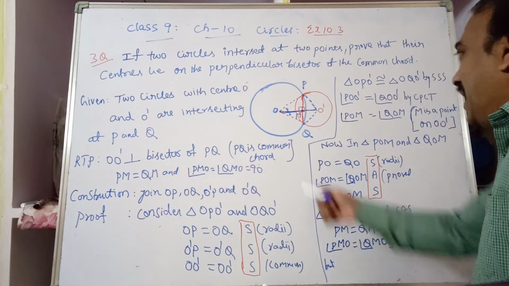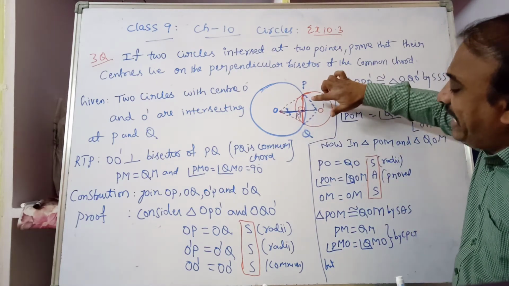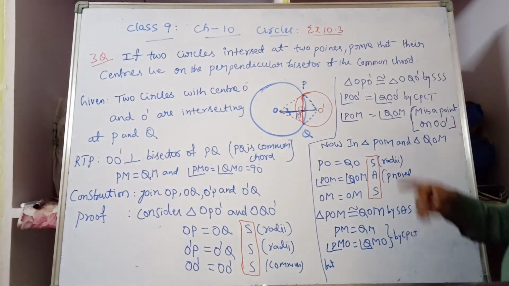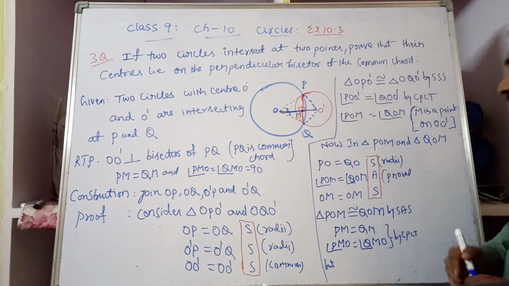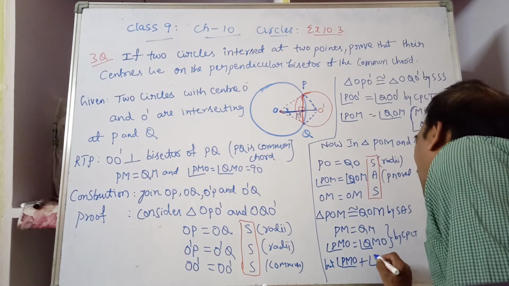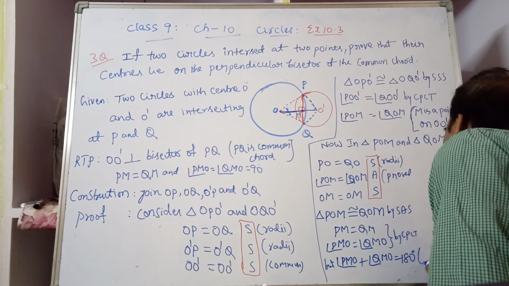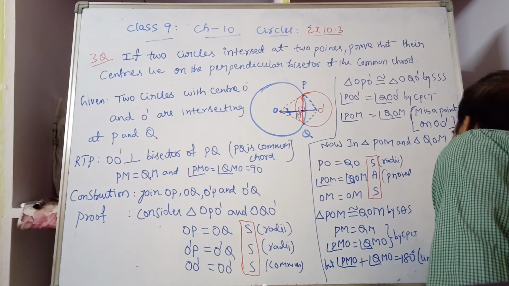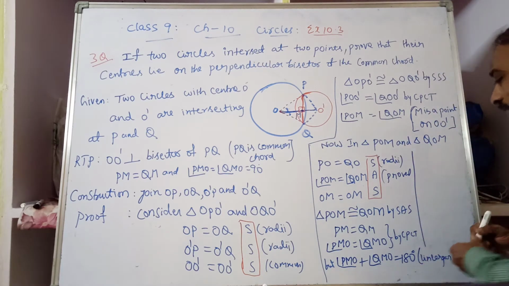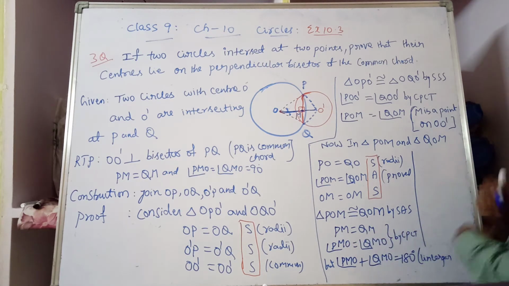But now you see, angle PMO plus angle QMO, they are on the same straight line. So they add up to 180 degrees, which is nothing but a linear pair. So angle PMO plus angle QMO is equal to 180 degrees, linear pair. Now PMO is equal to QMO, so in place of QMO you can write PMO.